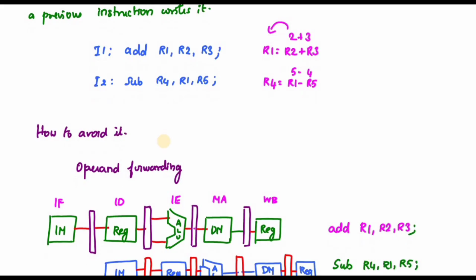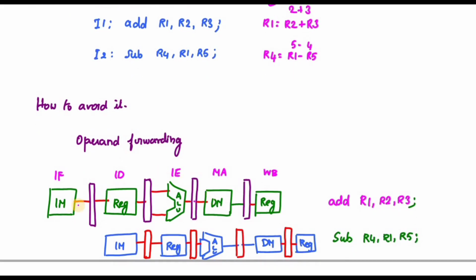You can see this is IM, register, ALU, DM and the register. These are other names for instruction fetch, instruction decode, instruction execution, memory access and write back. For the first instruction, that is add R1, R2, R3, the IM stage will be executed and the register stage gets read.